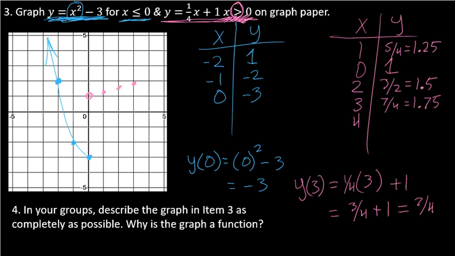And at 4, if we do y of 4, 1/4 times 4 plus 1, that's going to give me 1 plus 1, and obviously we know that's going to be 2. And this guy's going to continue on just like that. So this is how our graph is going to look.